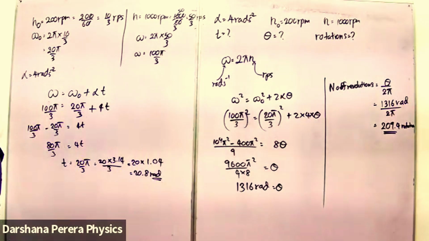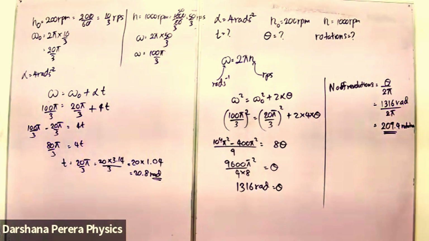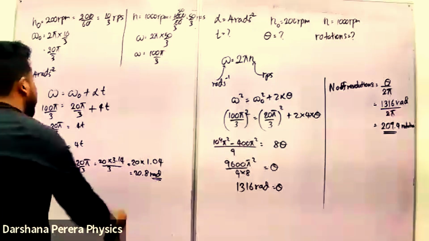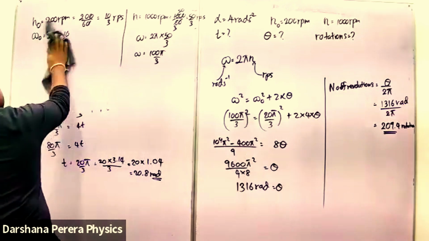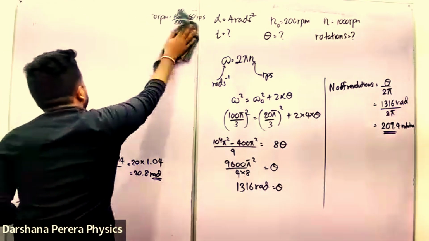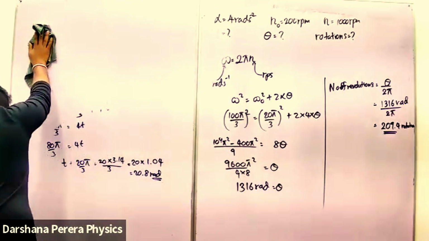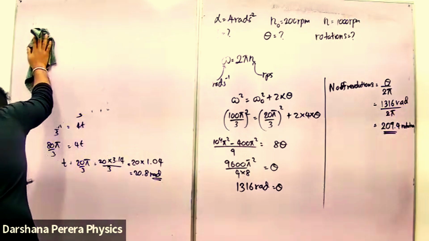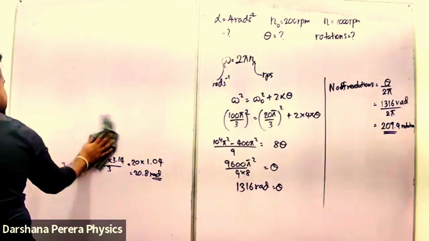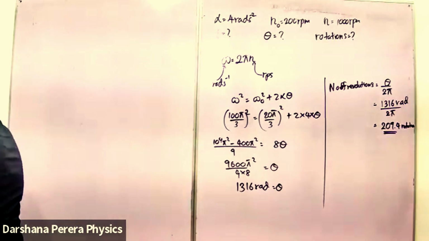Write down: it can be directly used with rotational speed values instead of omega.